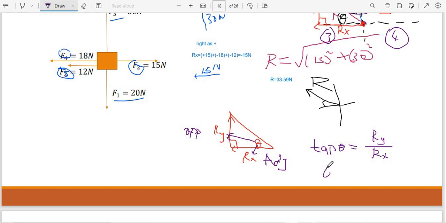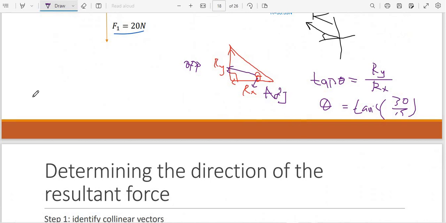So if you want to find the angle, theta will be the arctan of Ry. We said Ry was 30 divided by Rx, which was 15. So I'm going to try to find that on a calculator.